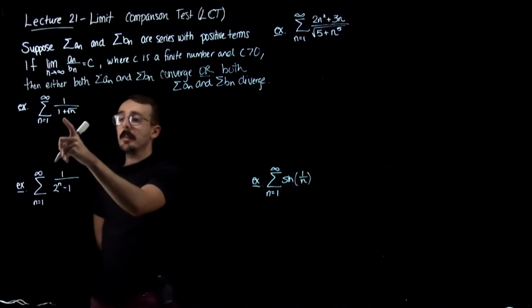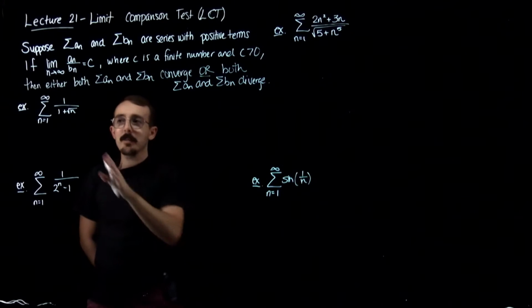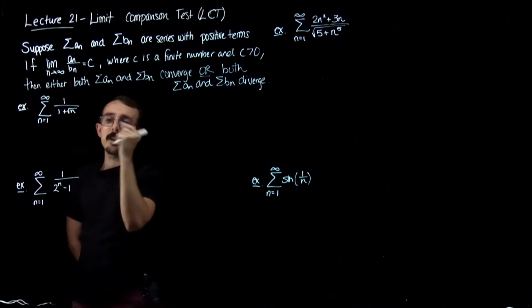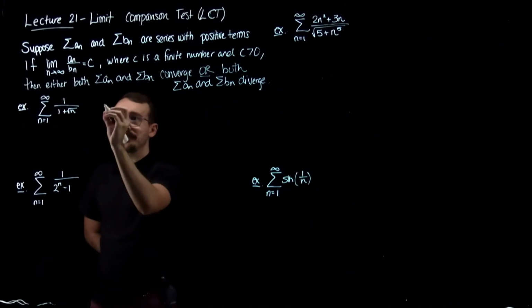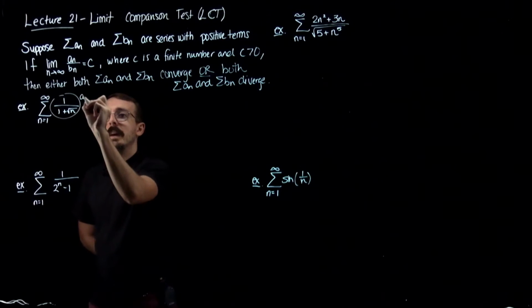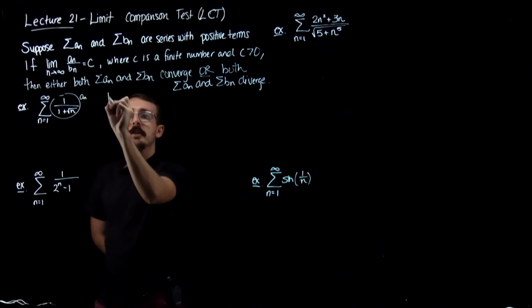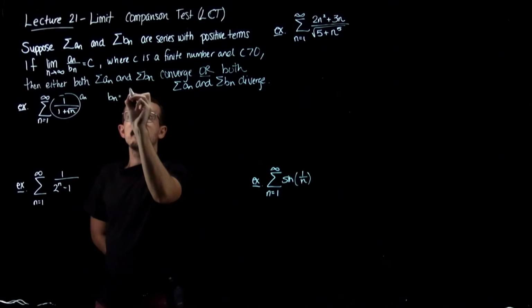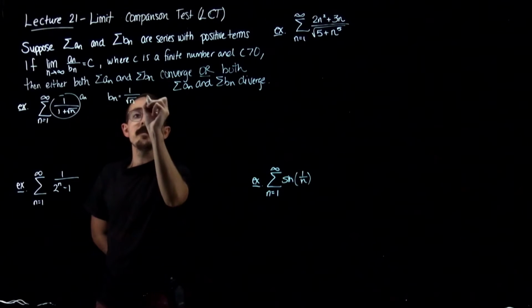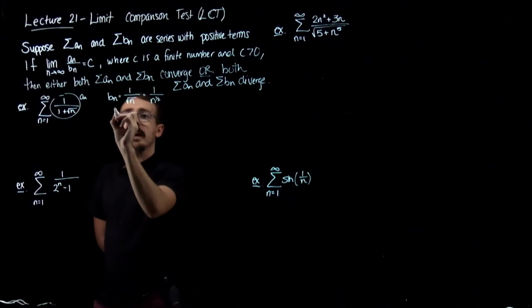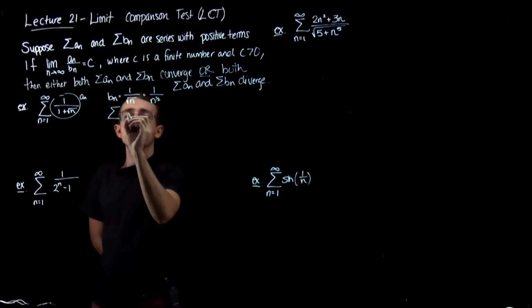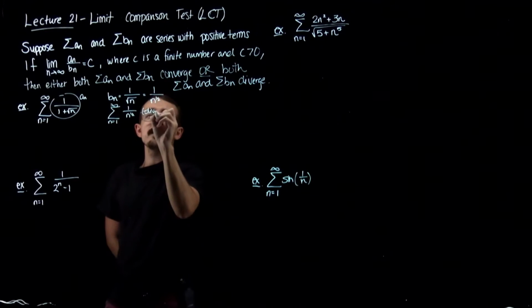So you may recognize this from the last video. This is the problem we left off on because we couldn't use the direct comparison test. But let's try using the limit comparison test now. So this is my a of n. And the b of n I tried using in the last video was 1 over the square root of n, which is 1 over n to the 1/2 power. And we know that this p series, 1 over n to the 1/2 power, n equals 1 to infinity, is a divergent p series.